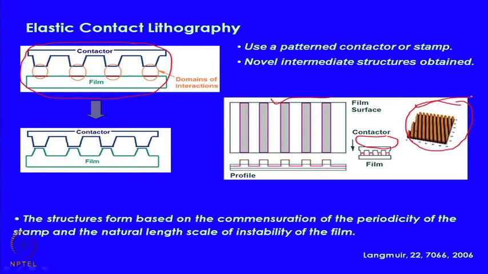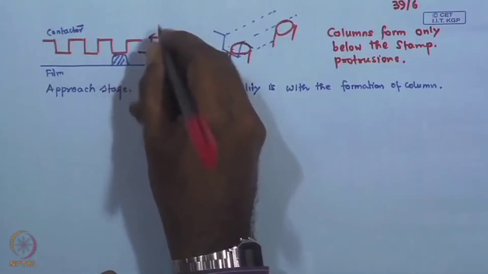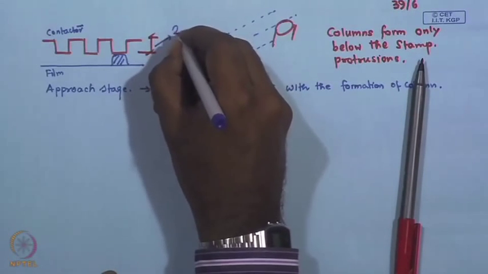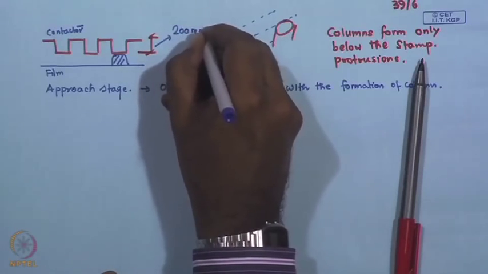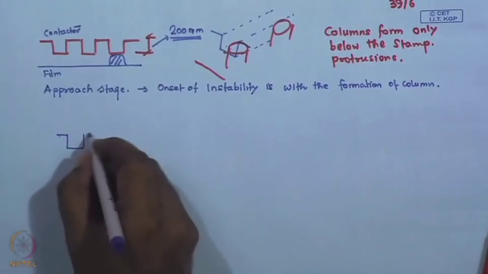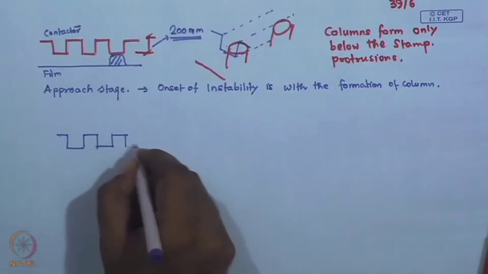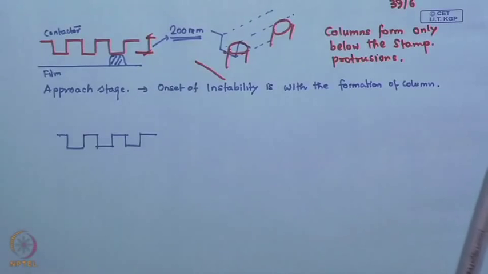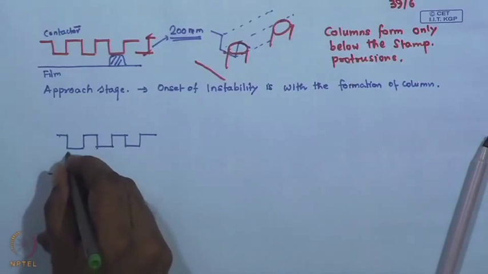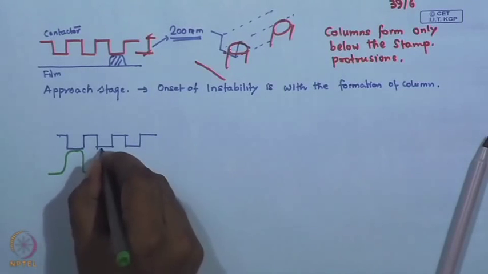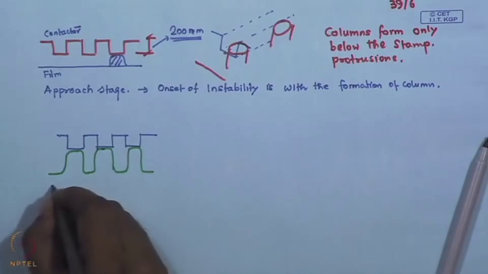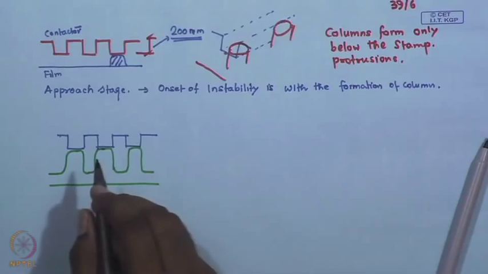Let us say you know the geometry of the contactor, again from atomic force microscope. For this particular case, if I remember correctly, the height of the grating was 200 nanometer. So you have essentially reached this stage where a positive replica forms, and we expect it to be a positive replica, but then you are looking at this structure and you see it is a grating.